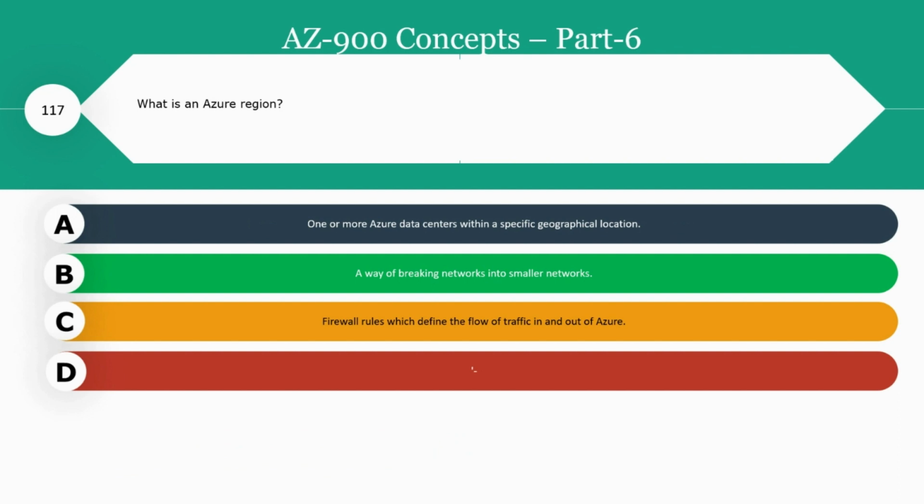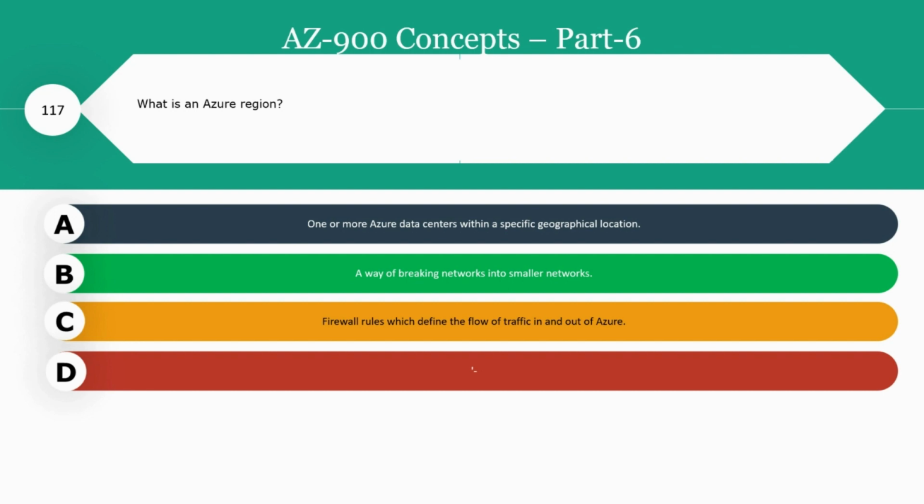What is an Azure region? The definition for Azure region, you have to select any one of these three options. Option A, one or more Azure data centers within a specific geographical location. Option B, a way of breaking networks into smaller networks.